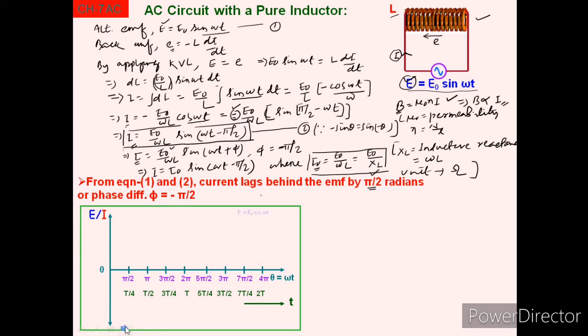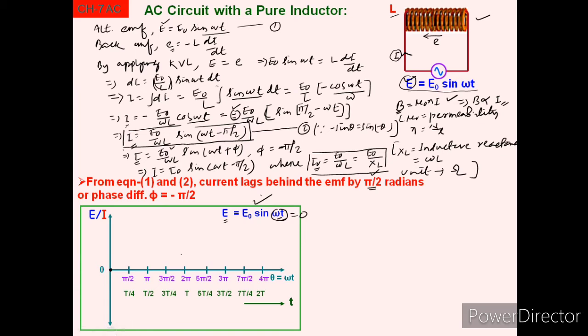First we will plot the graph for the alternating EMF. So how will you plot this? In place of omega t, our phase, if we put 0, then sin 0 is 0, so E will be 0, and at this point we will plot it.